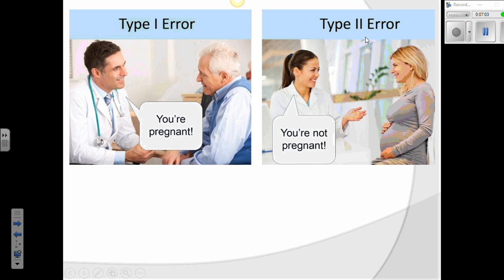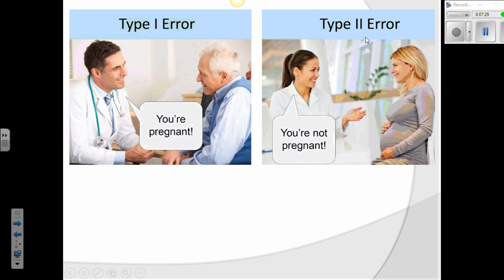Okay, funny diagram here. So this is fun, right? So this is type 1 and type 2 error. I mean, these are kind of funny, right? Rejecting H0 when H0 is true. You're not pregnant. I'm trying to think of what the null and the alternative hypothesis is. Let's come up with that, right?